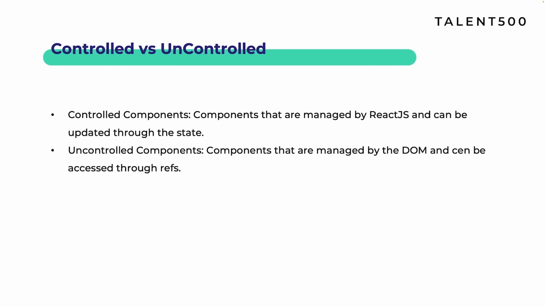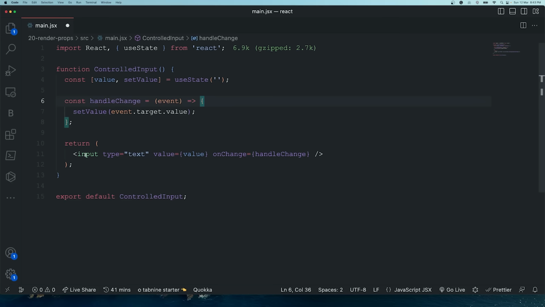Now let us see some examples of controlled and uncontrolled components through code so that we understand and appreciate them. Let us first go over the example of a controlled component. The code that you are seeing on the screen is a pretty simple one. It has an input element of type text, and there is an onChange handler.